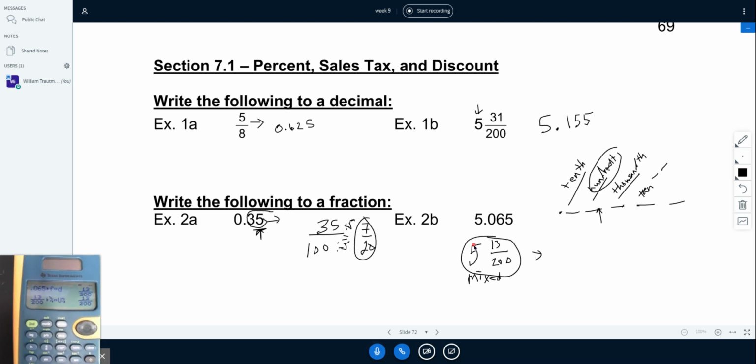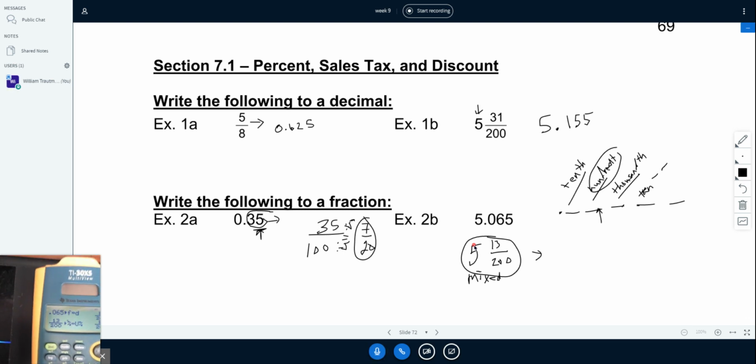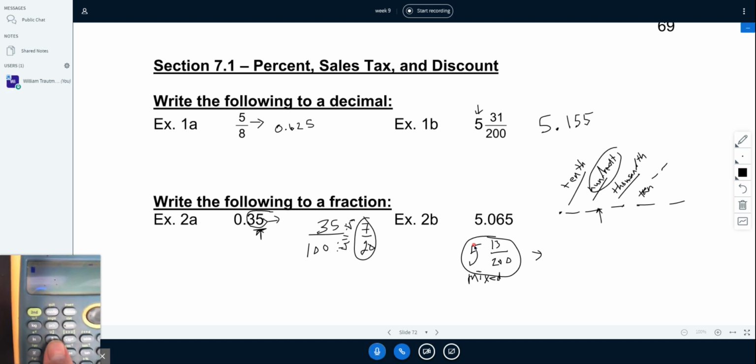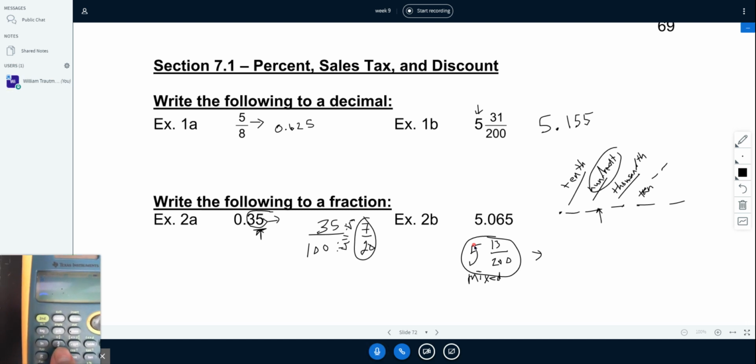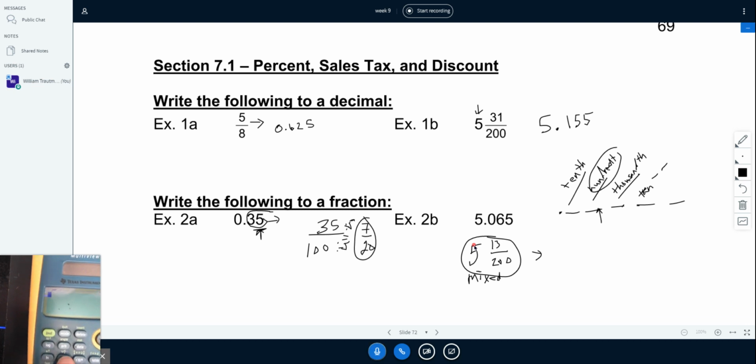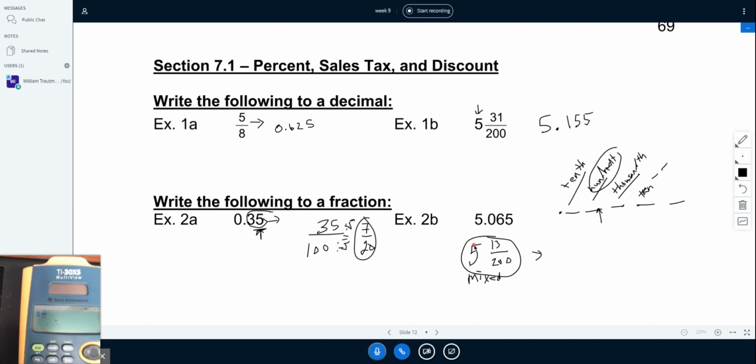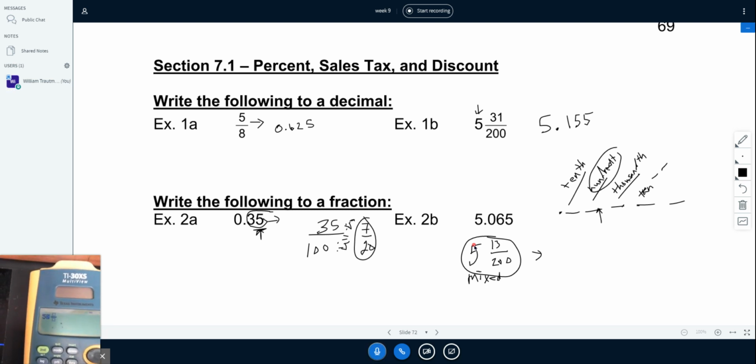Oh, we have to put the 5 in there. So first I'm going to hit, this is how you type in a fraction, the ND. Right above it in green is the mixed number. So if I hit second this, I can type in the mixed number 5 and 13 over 20.